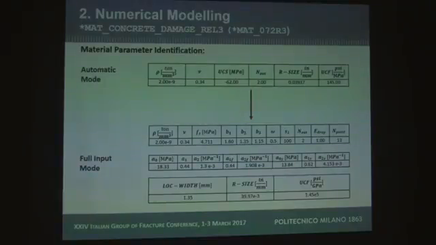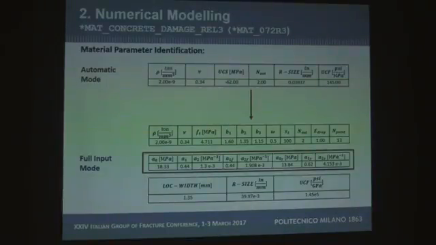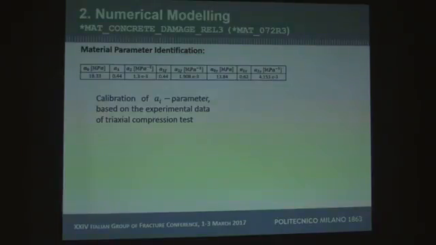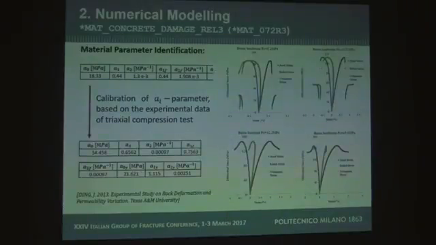So first, we just calibrated the FT, which is the maximum principal tensile strength, according to the study that we performed on the Brazilian test, and we also calibrated these A_i parameters. The A_i parameters, as mentioned before, are used in order to define the failure surface in the compressive meridian. So they can be calibrated by means of the experimental data of the triaxial compression test.